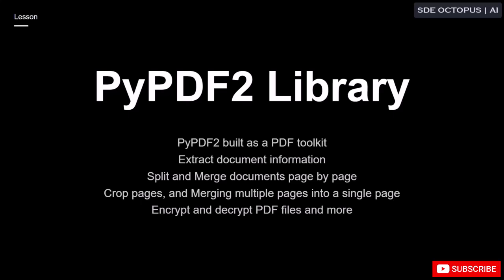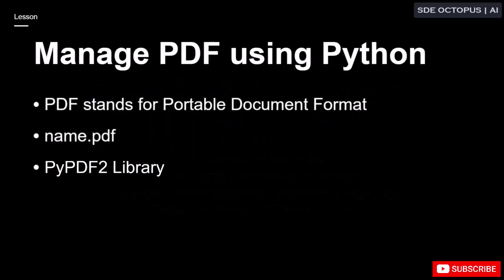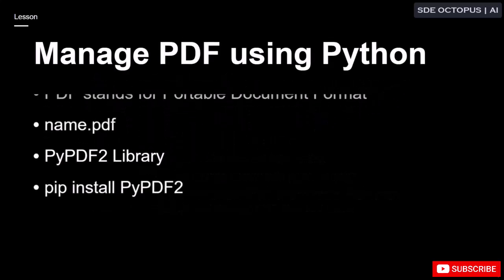Also, if you want to group pages and merge multiple pages into a single page, you can use this library. Another useful point is you can use the PyPDF2 library to encrypt and decrypt PDF files and many more.